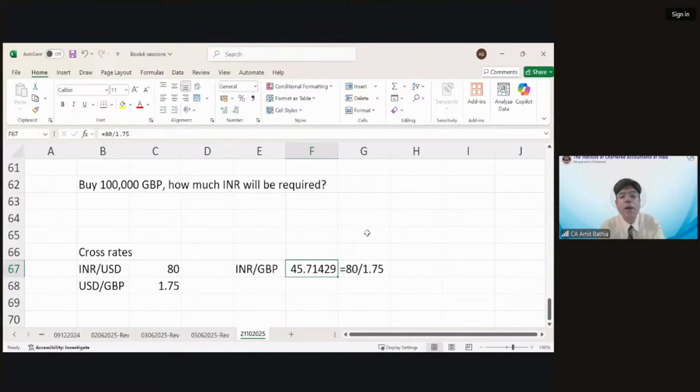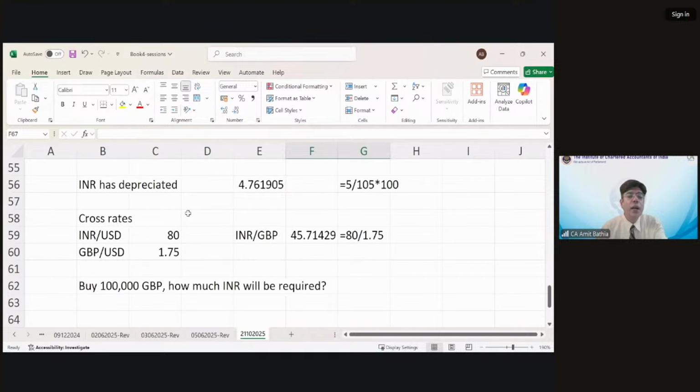It will not stand now. Why is that so? Because earlier you had the same base currency, so it was a lot easier. INR 80, GBP 1.75. USD being the common factor automatically gets cancelled off, and what you are left with is 80 rupees equal to 1.75 GBP.